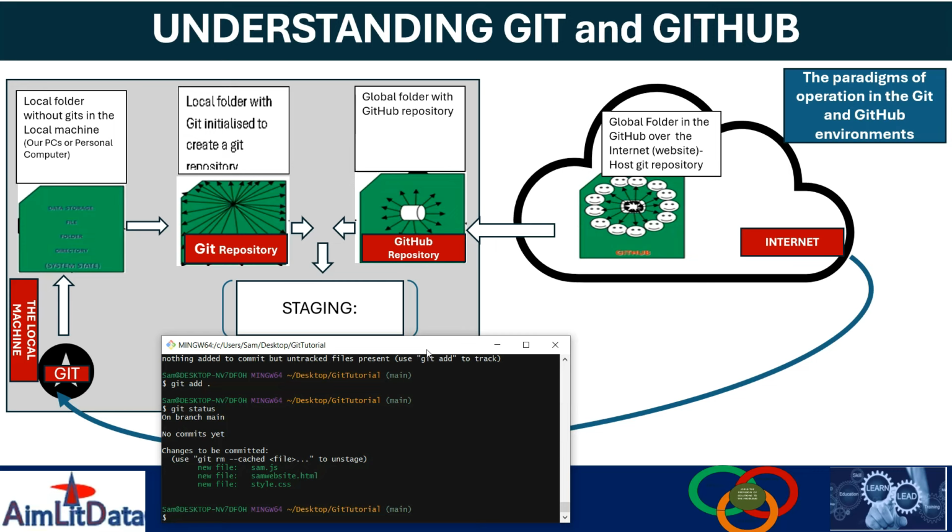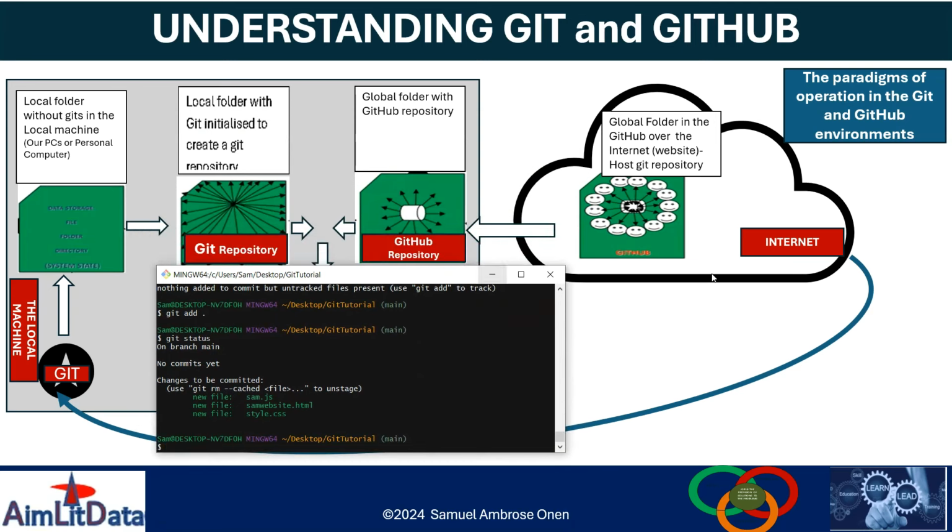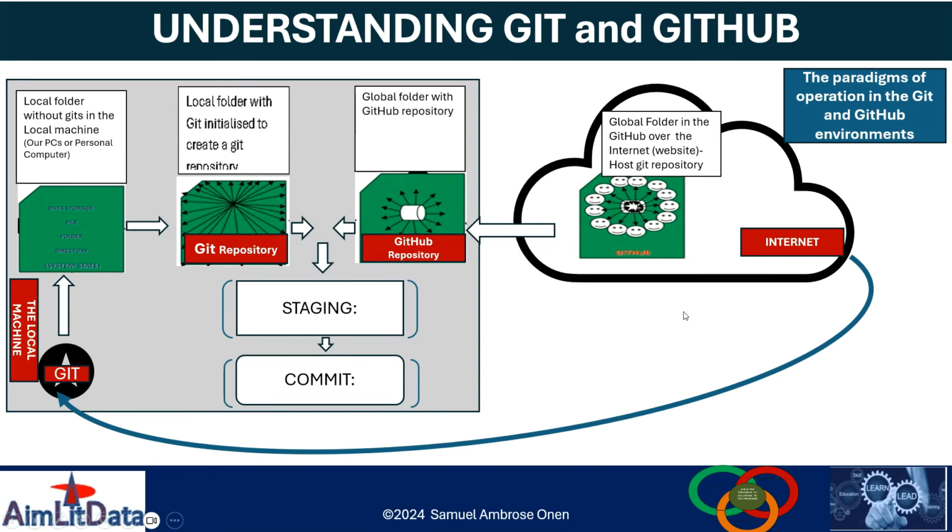Now to commit those files is the next thing we are going to do, to write it in a history, to say that these are the copies of files that we need to keep right now, so that tomorrow if we make any changes, it will create a new version. So for now, let us call a spade a spade. We are committing this file now to our repository to keep the history.